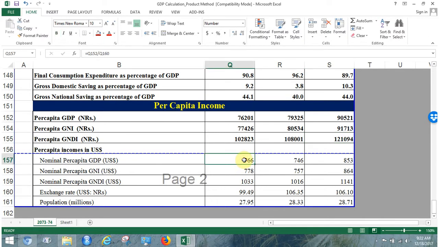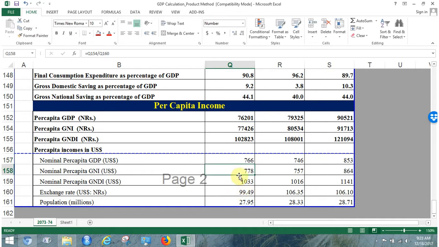So finally, to calculate the per capita values in US dollars, we have to simply divide the per capita income in Nepalese rupees by the exchange rate of US dollar. So this 7600 is simply obtained by dividing the per capita GDP of Nepal in Nepalese rupees by the exchange rate of US dollar with Nepalese rupees, which is 99.49 for the year 1415.